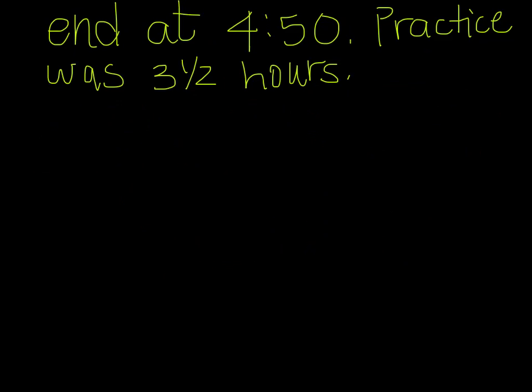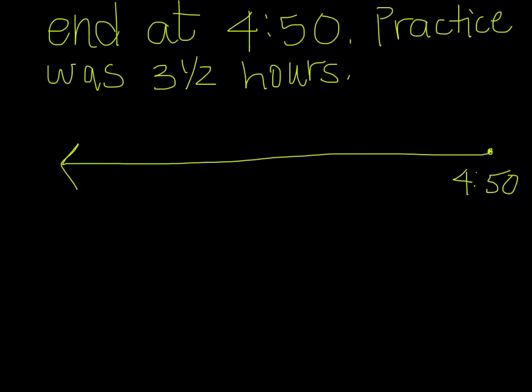All right, let's look at this problem. We're going to end at 4:50. Practice was 3.5 hours. What time did we start? So you're going to go back in time. And we know we ended at 4:50. But now we don't have an end time to put in there. We're trying to figure out what the start time is.